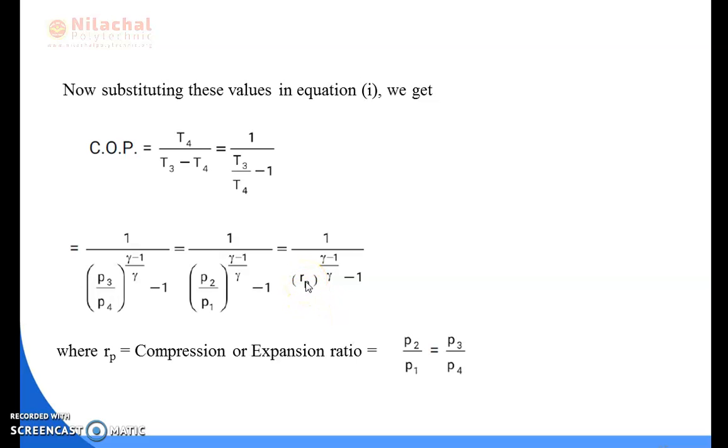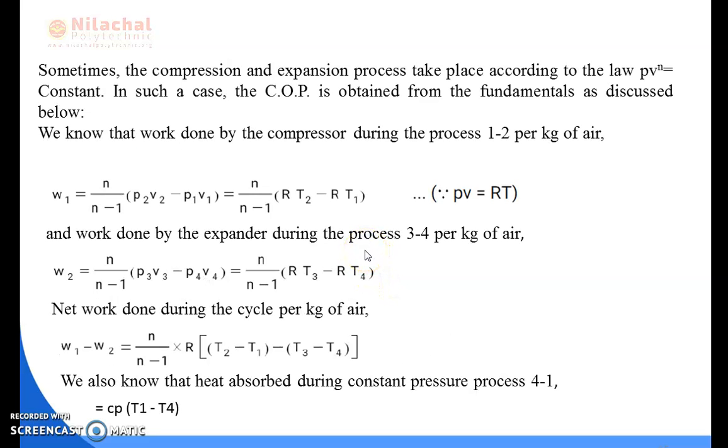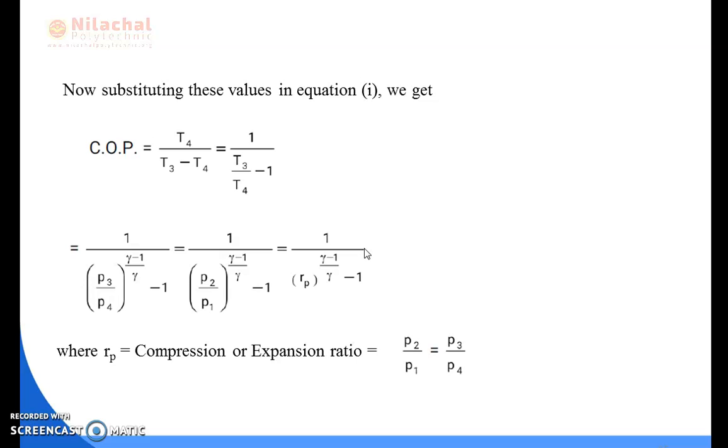So in the general form we can write 1/(RP^((gamma-1)/gamma) - 1). So this is one method to calculate the COP of the Bell-Coleman cycle. In the next slide, I will explain another method.